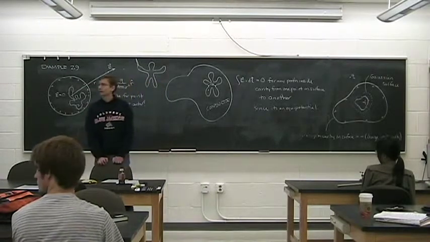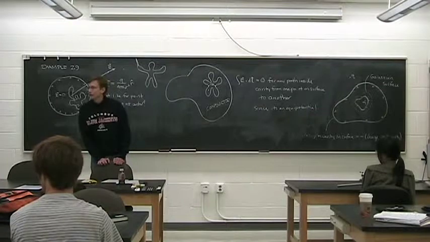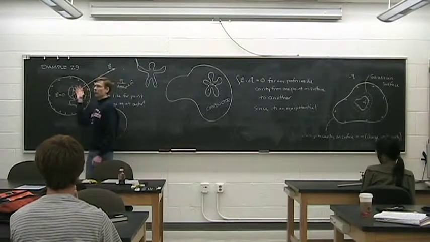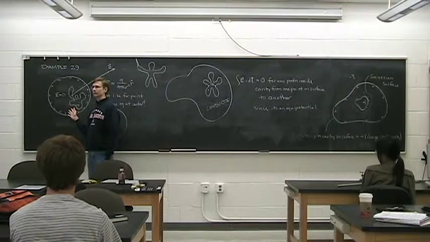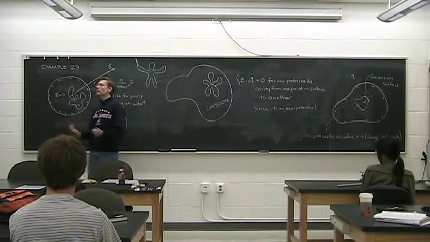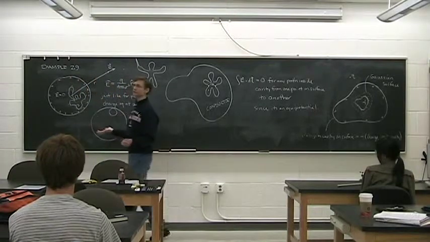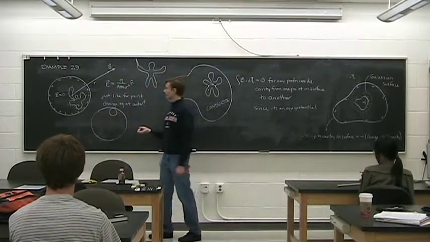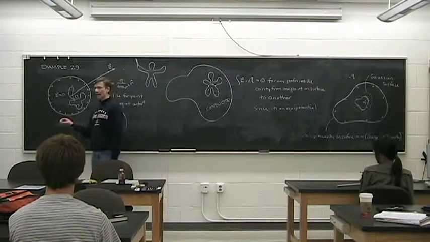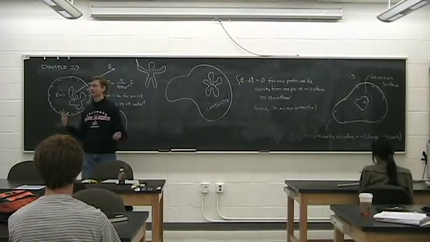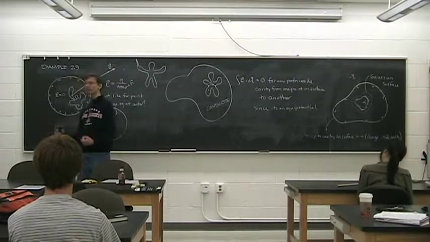Yes? How do you know they're all the same potential? In a conductor? Because we know that the electric field has to be 0 inside the conductor. If we assume that there is such a thing as electrostatics with conductors, that you can have a situation where you don't have permanent electric currents flowing, because if you had charges in motion, you're not in an electrostatic situation where all the charges are sitting there.